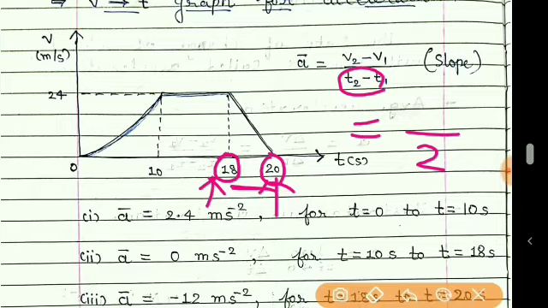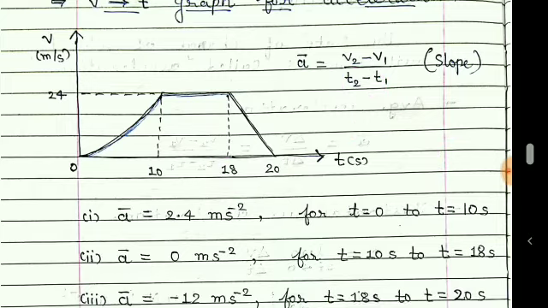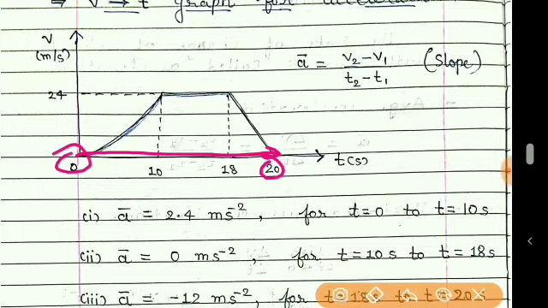Now let us take the difference of velocity. What is the final time here? Final time is 20. So at that time, for this point, the velocity becomes 0. So here final velocity is 0, minus initial velocity.